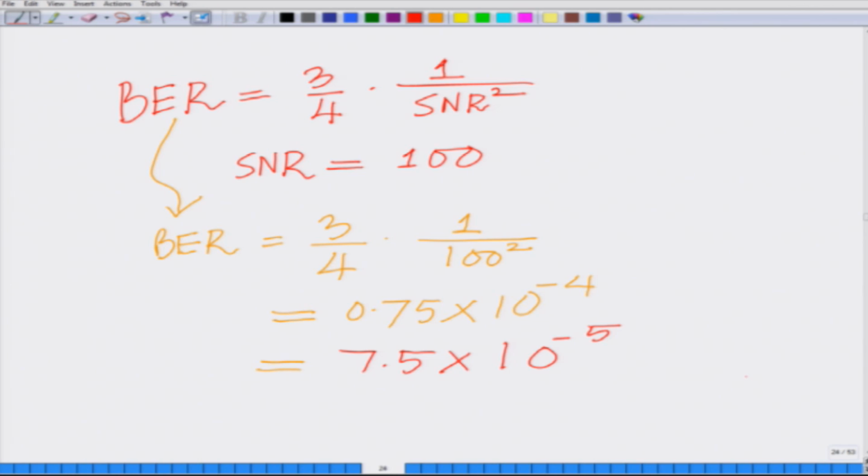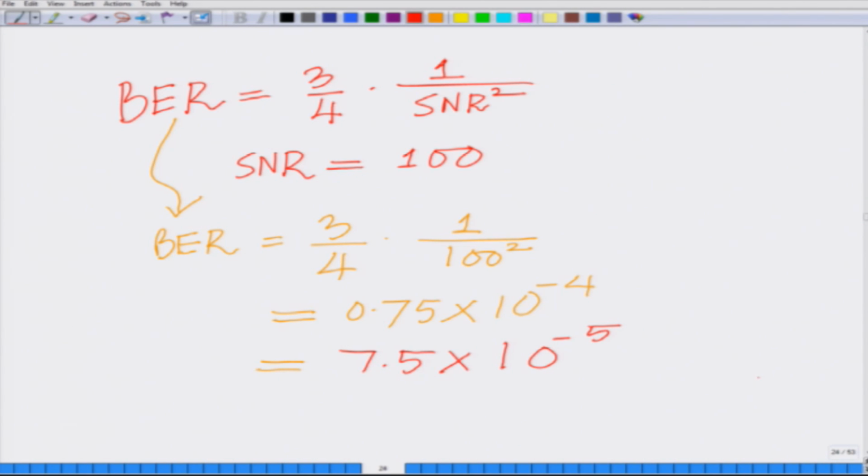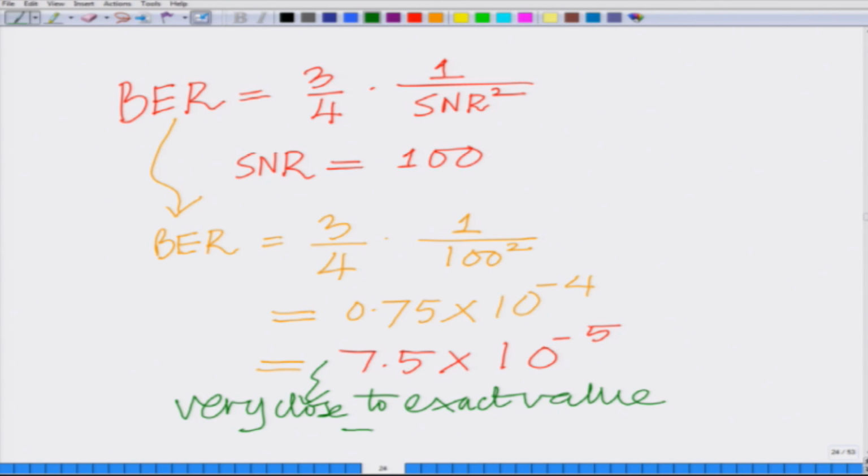So, we have calculated the approximate bit error rate for L equal to 2 antennas in this system at SNR equal to 20 dB, and we have found that the approximate bit error rate is 7.5 times 10 to the power of minus 5, which is very close to the exact value. Remember, the exact value we had derived previously was 7.2564 times 10 to the power of minus 5.